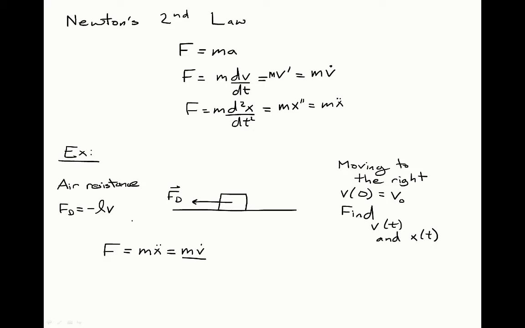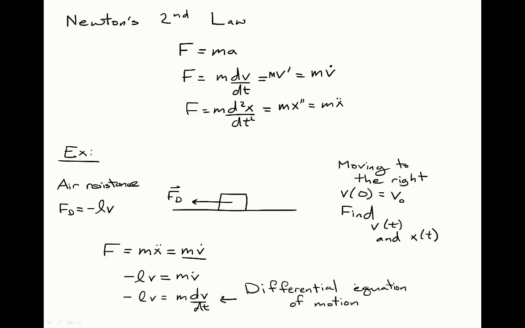If our force depended on position, I would use the x double dot version. So we have minus Lv equals m v dot. And if you want to write it out without the dot notation, that's m dv/dt. This is known as the differential equation of motion. Sometimes the differential equation of motion is simply referred to as the equation of motion.